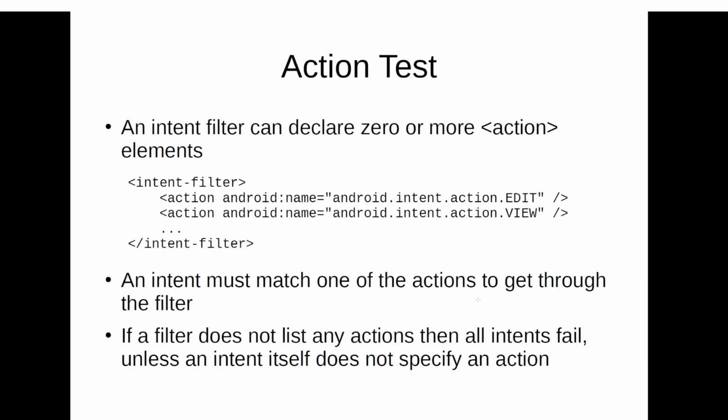An intent's action must match one of the actions of an intent filter for that component to be considered a candidate for the next test. If a filter does not list any actions, then all intents fail, unless the intent itself does not specify an action.